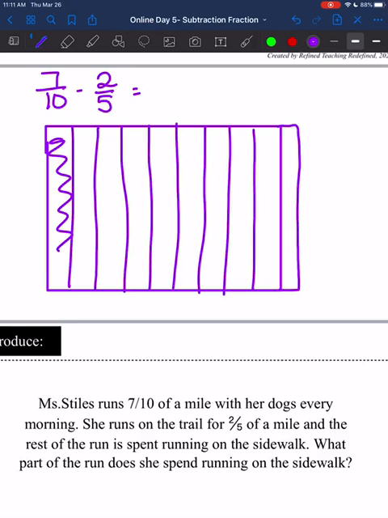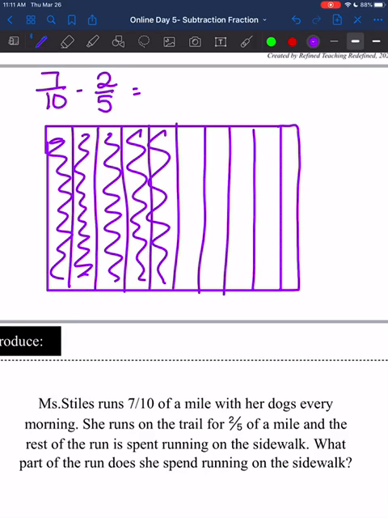Shade in my 7/10. All right, so now in this case, I have 7/10, but I don't have fifths to take away. So I also have to figure out how to take away my 2/5, and I still need to change that into a fraction with a like denominator as the tenths.